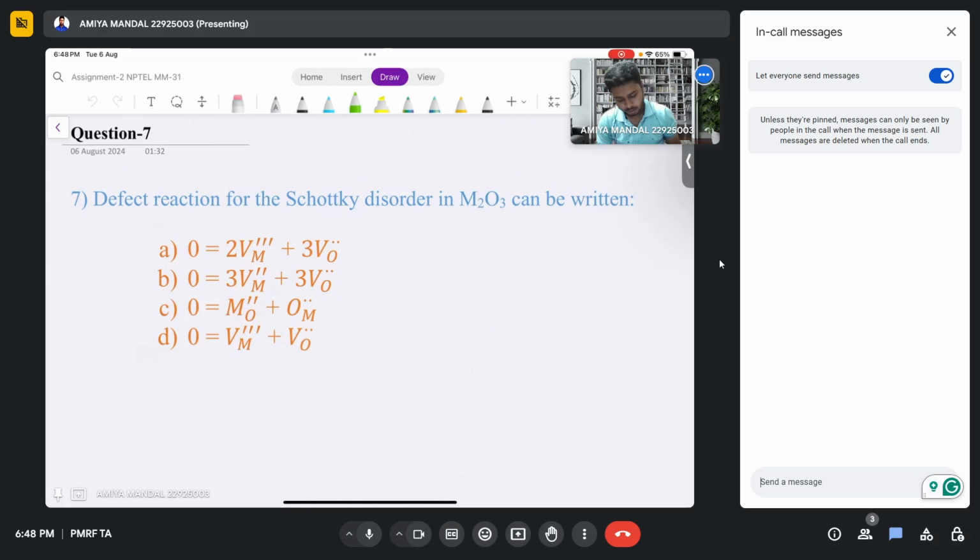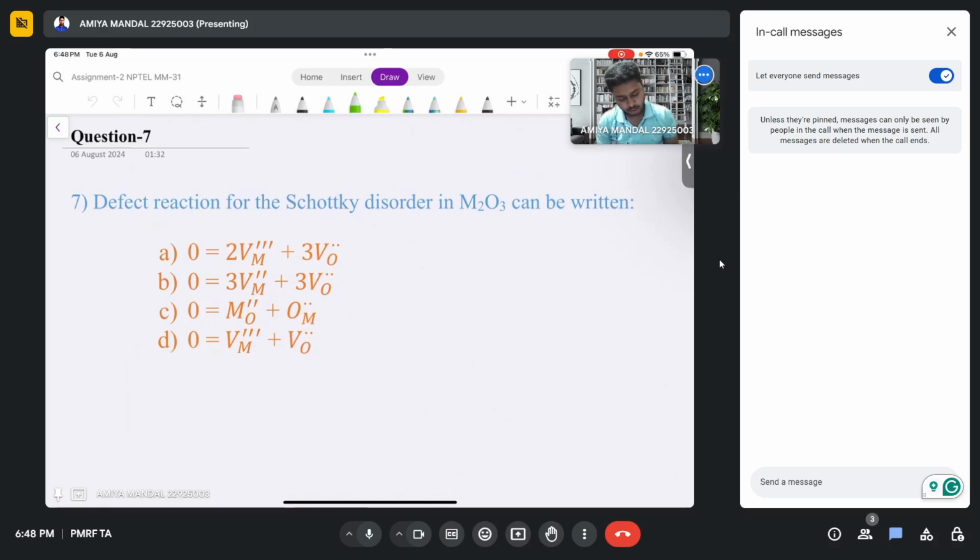Okay. Defect reaction for Schottky disorder in M2O3 can be. Defect reaction for M2O3. So this is minus 2 and this will be plus 3 charge.